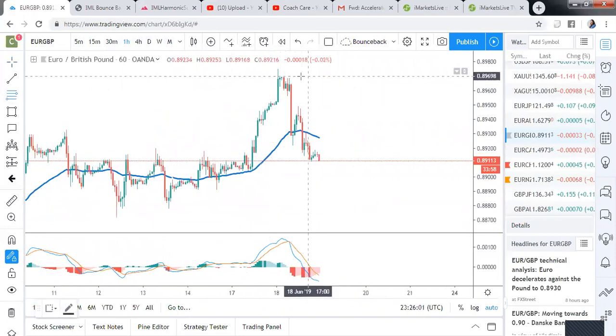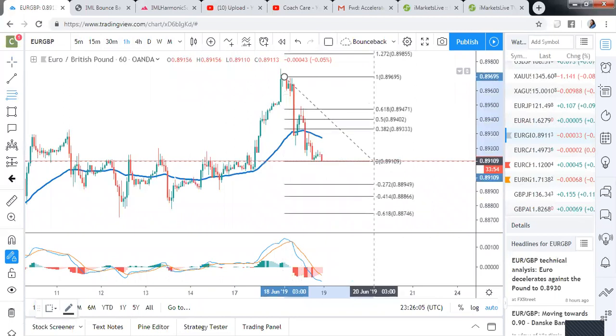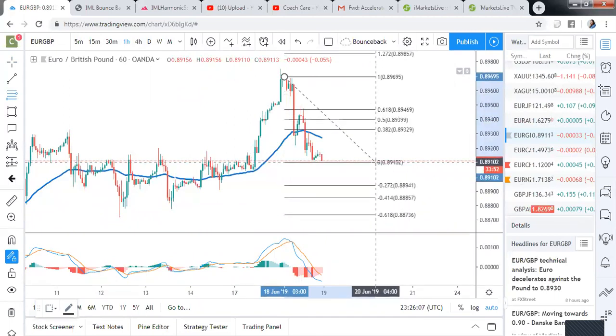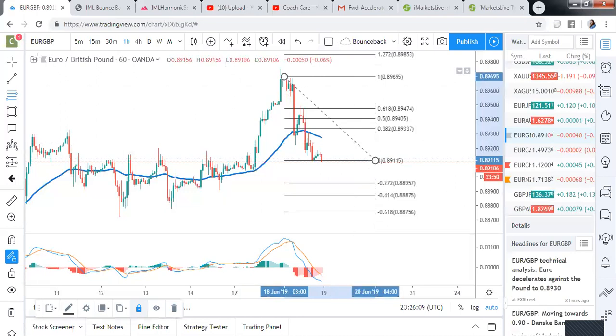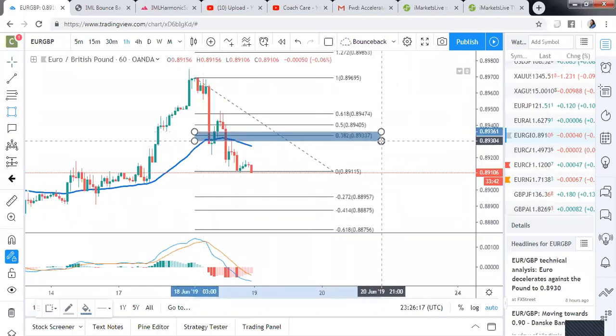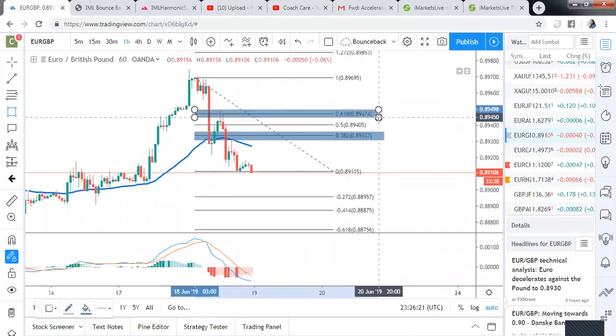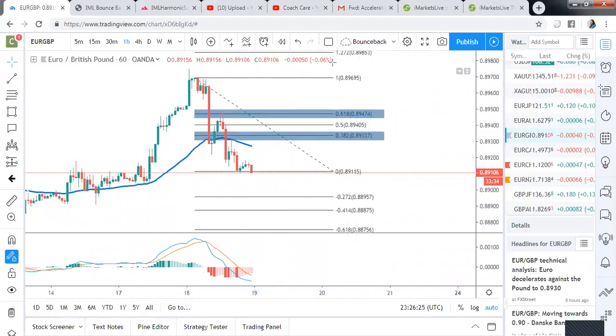So we're going to fib it from the top to the bottom. We can have two scenarios here or here, take profit 1 and 2. So that's the two scenarios.